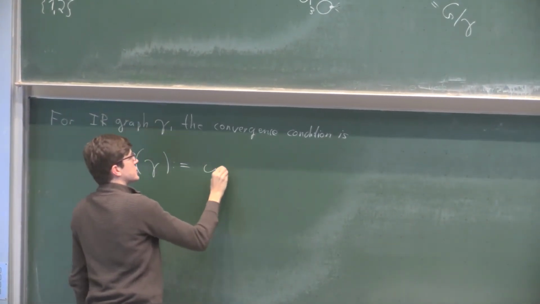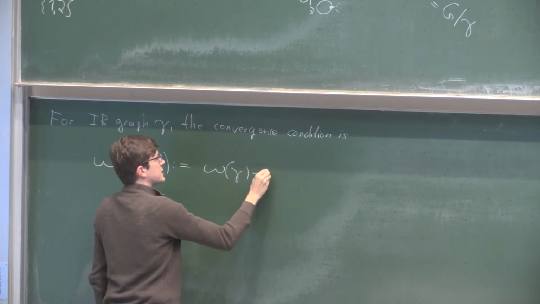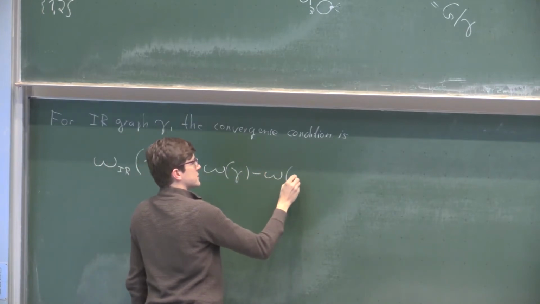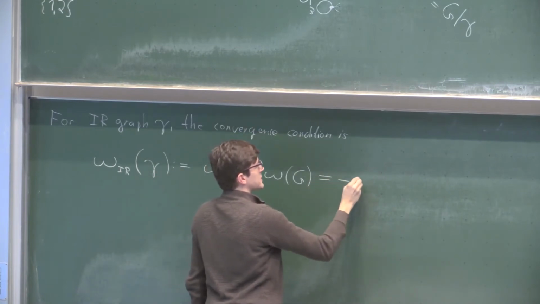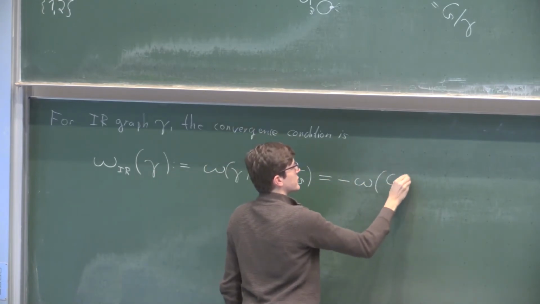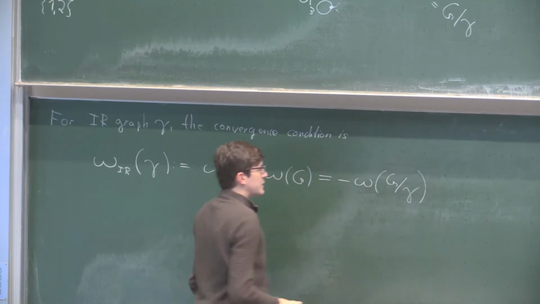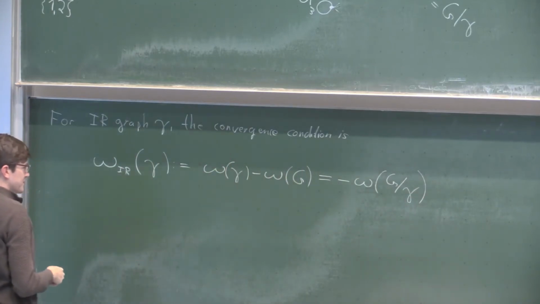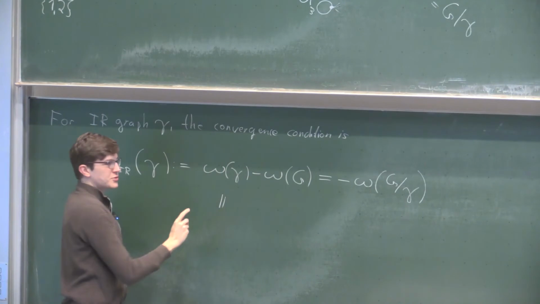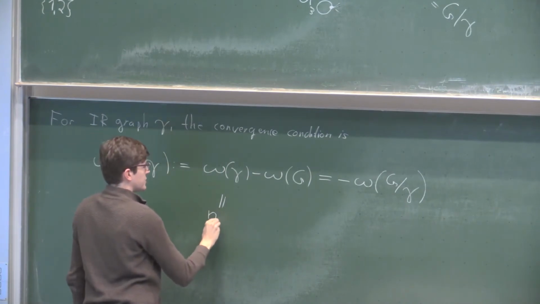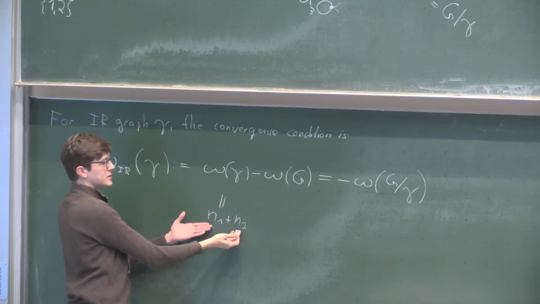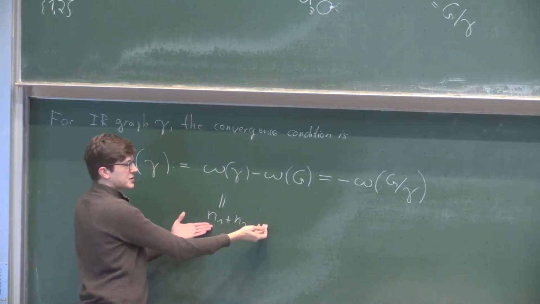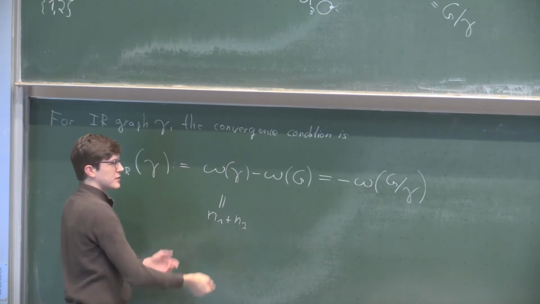And this is the usual UV degree of divergence minus the overall degree of convergence of the total graph. And you can convince yourself that this is the same as minus the degree of convergence of the quotient graph. So in our example, the subgraph is just a tree graph, right? It has two edges, 1 and 2. So the degree of convergence is just the sum of the edge powers minus half dimension times loop number, but there is no loop in the subgraph.